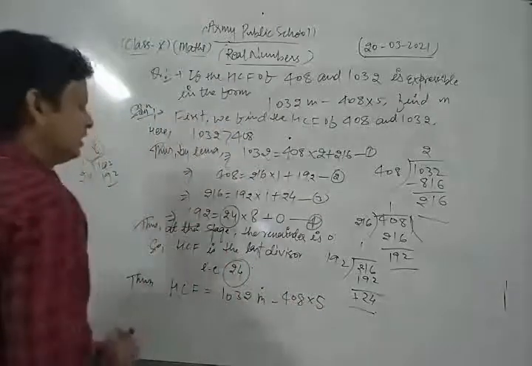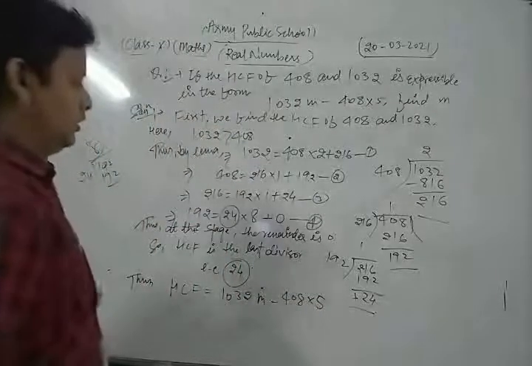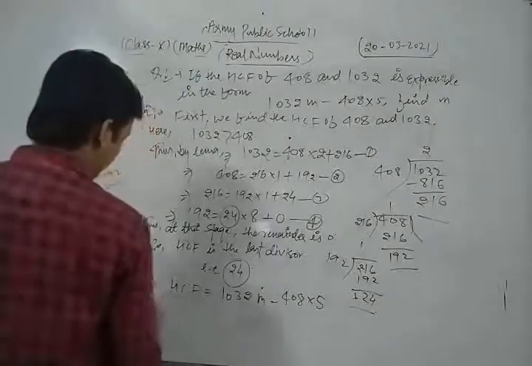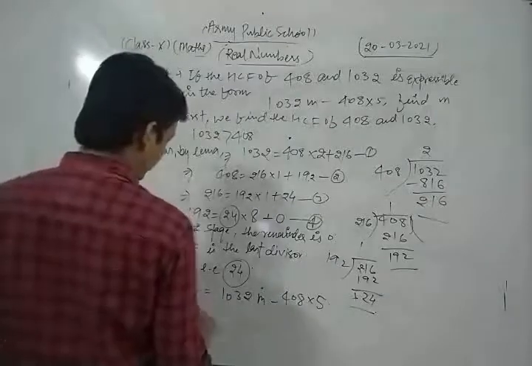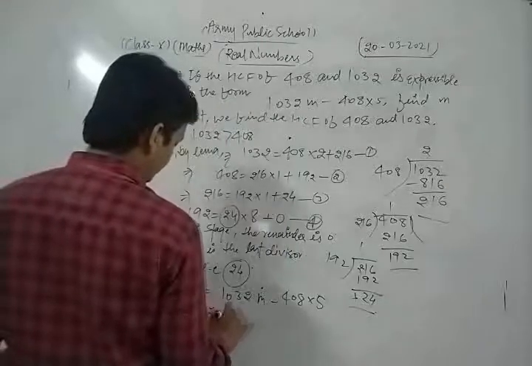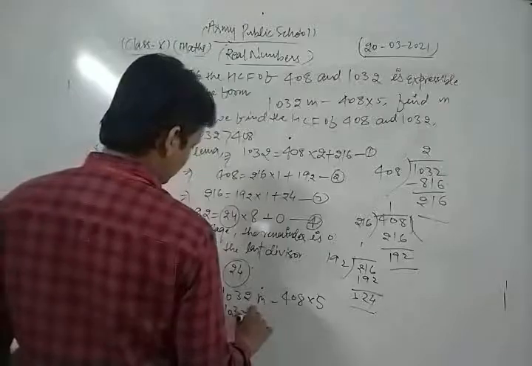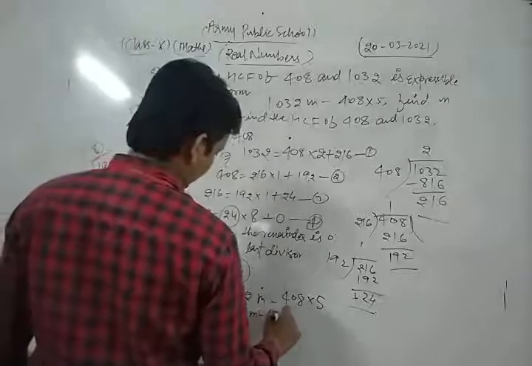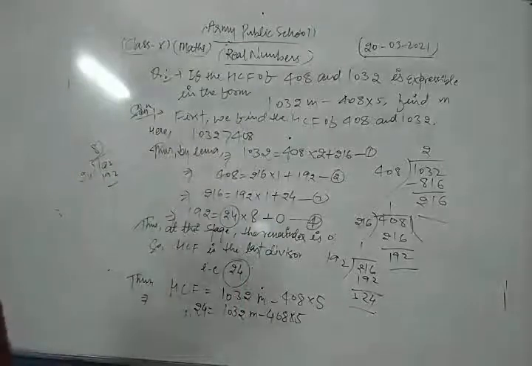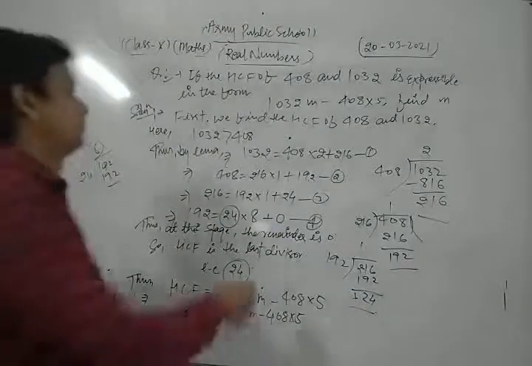Thus the HCF of these two numbers is expressible in the form of 1032 m minus 408 into 5. Now we simplify and solve. Here we put the HCF of these two numbers, 24, equal to 1032 m minus 408 into 5.